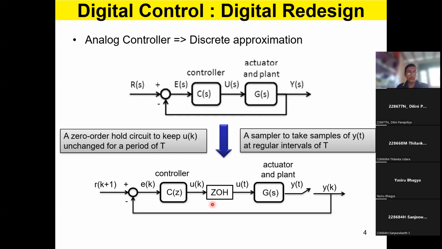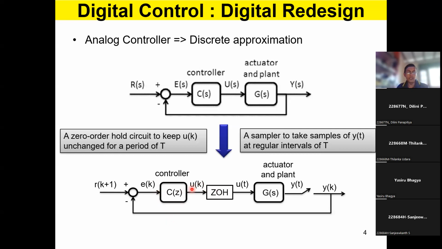So for that, this U_k signal has to stay there from this moment of time to the next moment of time, because within that time your controller does not do anything, because it's a discrete controller. It calculates the control signal and gives out that control signal, and after that it goes to sleep for one capital T time, the whole sampling interval. It doesn't do anything.